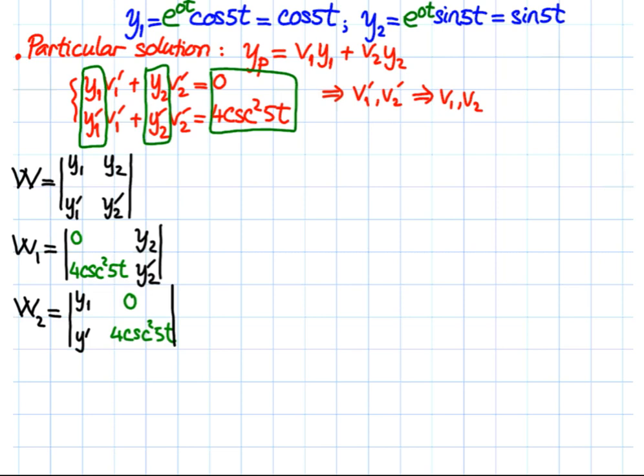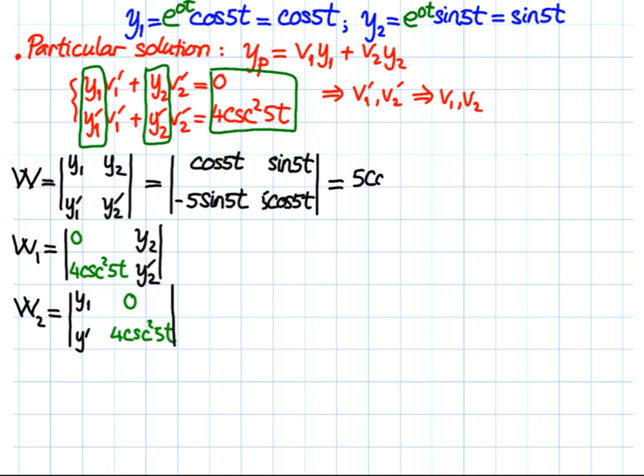First we find W: cosine of 5t, y1, negative 5 sine 5t, that is y1 prime, y2 is sine 5t and 5 cosine of 5t. I forgot the 5 here. For this 2 by 2 determinant, just multiply cosine 5t with 5 cosine 5t.